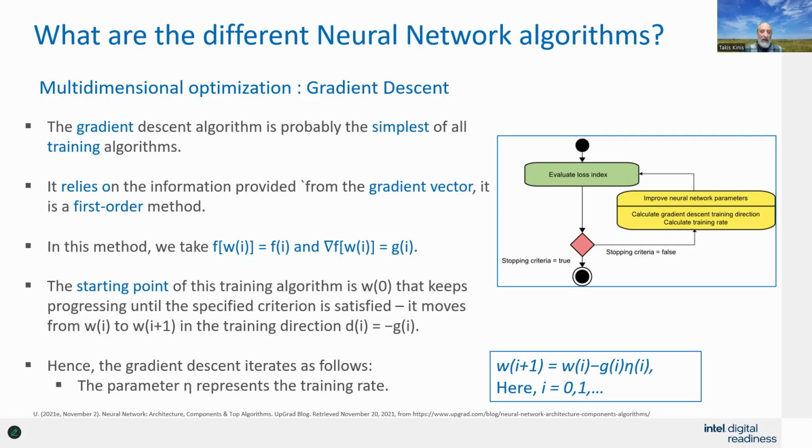Every time we progress, we are moving in a direction and changing the values. And the rate at which we change those values is the training rate. So if we're incrementing by 1 each time or 10 each time, that will be the training rate.